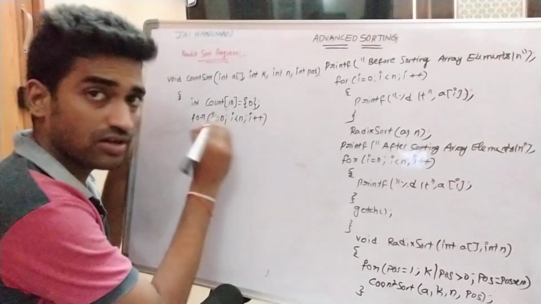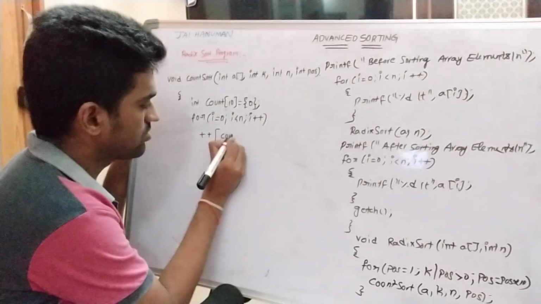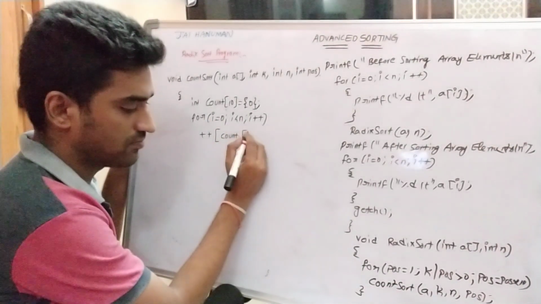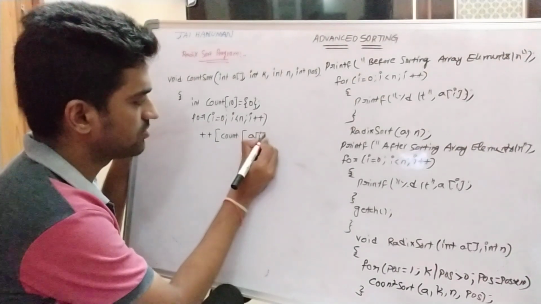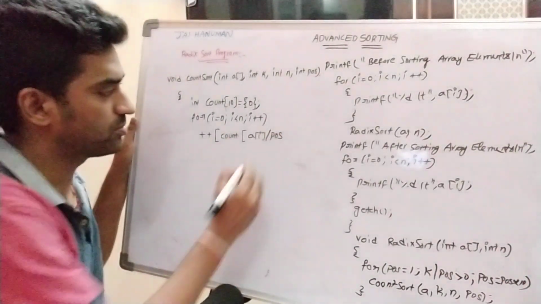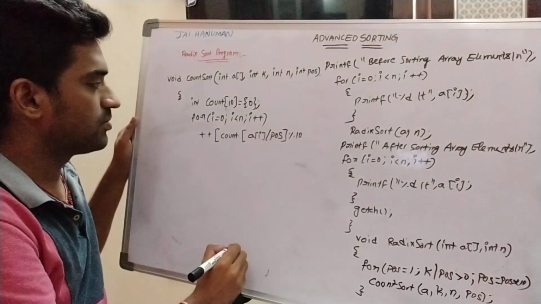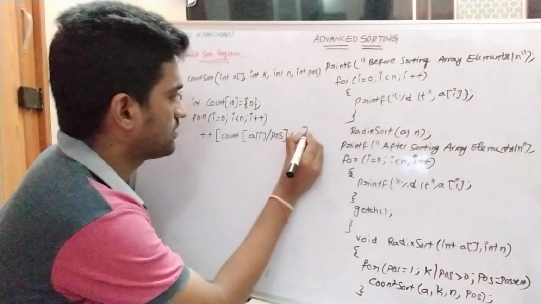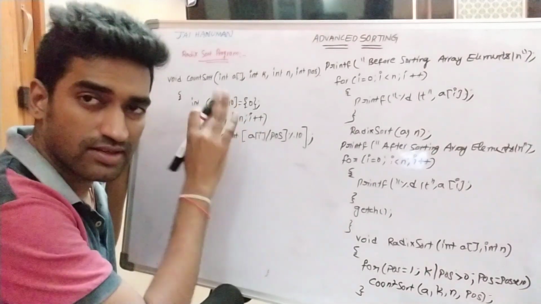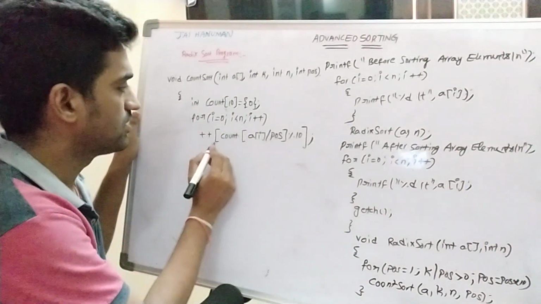So we update the count array: count of A of i divided by position, modulo division of 10, plus plus. This loop is already discussed in the normal program, so please just go through that video, you can understand everything, right?